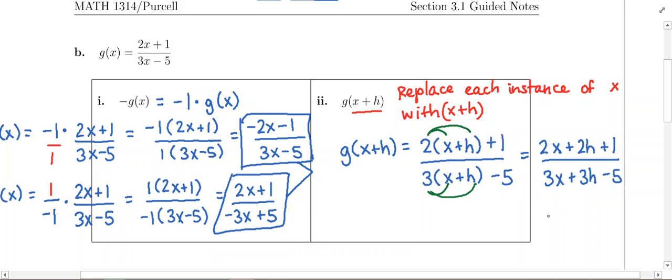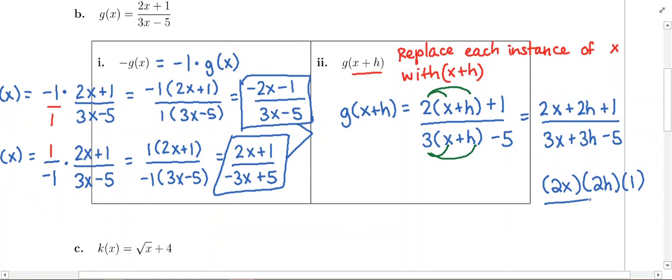When you could cancel, it would look like this. If instead you were multiplying, if you had 2x times 2h times 1, and in the bottom you had 3x times 3h times negative 5, then you could cancel. You could say x in the top, x in the bottom, those are going to cancel. And then I have an h in the top and an h in the bottom, they're going to cancel.